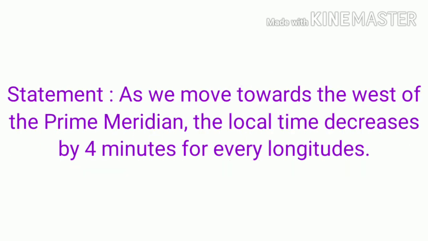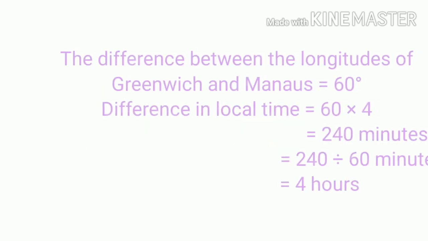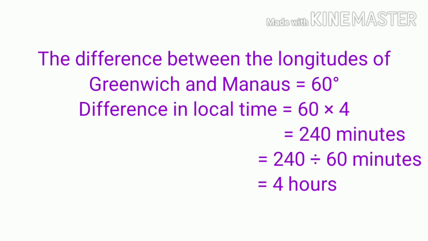Students, as we move towards the west of the prime meridian, the local time decreases by 4 minutes for every longitude. So, the difference between the longitudes of Greenwich and Manaus is 60 degrees. Now, the total difference in the local time is 60 multiplied by 4, which is equal to 240 minutes.